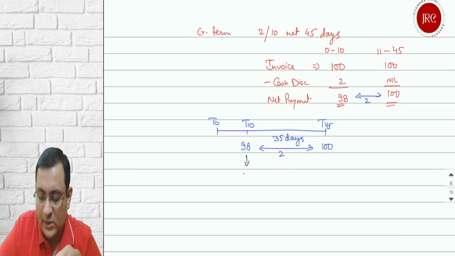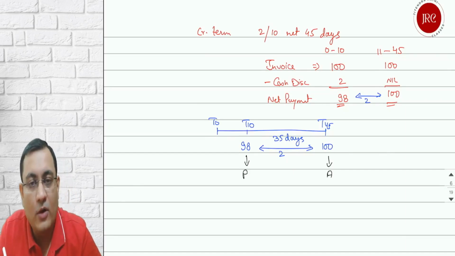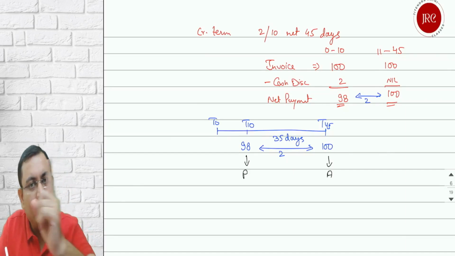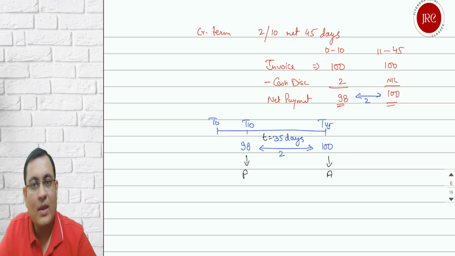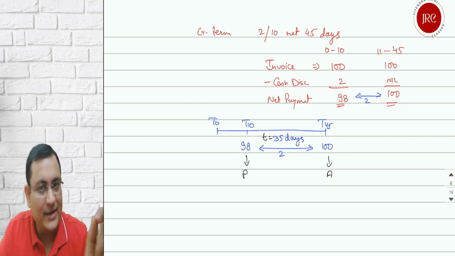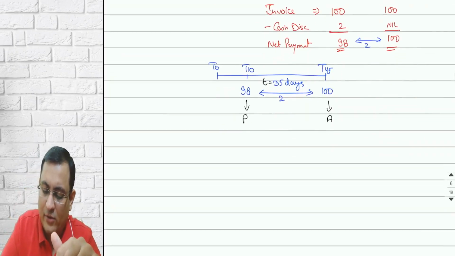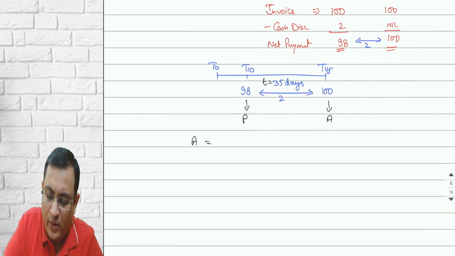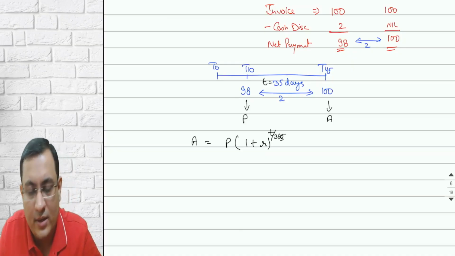This is my principal, this is my maturity amount on the time series. The 98 is becoming 100 in 35 days, so small t is your 35 days. 98 is becoming 100 rupees in 35 days. So what is the effective rate of interest? Using the same compounding interest equation, (1 + r) to the power t over capital T, 365, because this is a period in days.